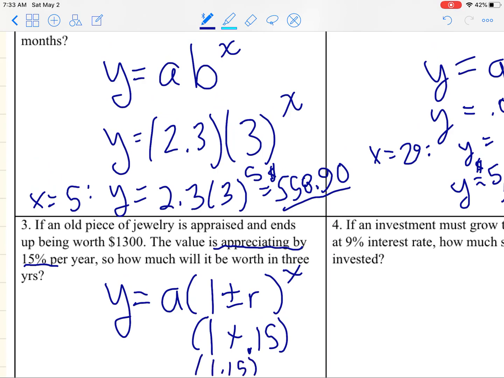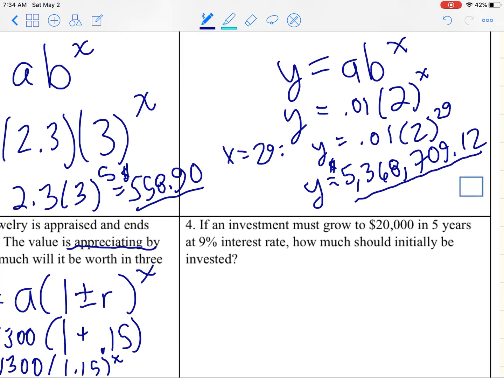Because that's what 1 plus 0.15 is. Okay, and then the original value was, I believe, 1,300. So 1,300 times 1.15 to the X. So 1,300 times 1.15 to the third would give you the answer to that problem.